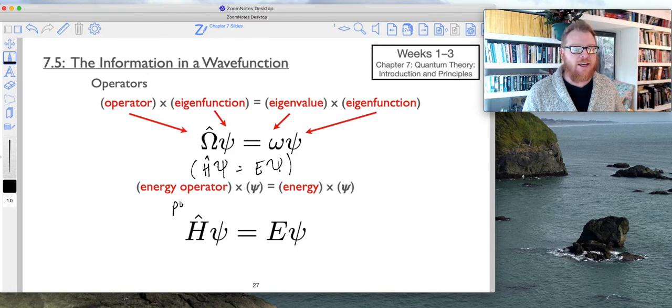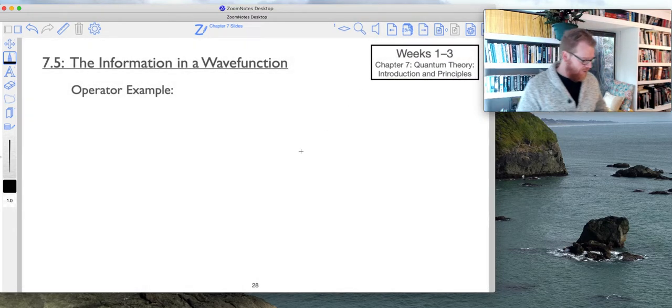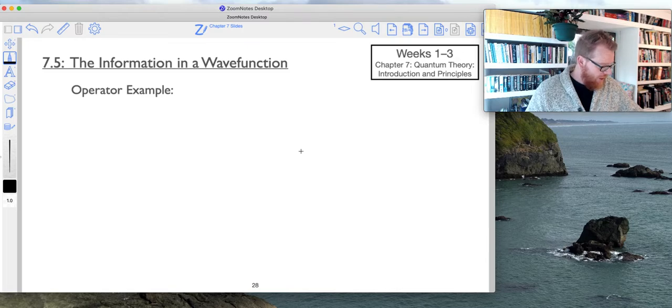Or if I did, let's say, the position operator operating on psi, that would return to me the position, and of course the original wave function. So let's play with an example here.